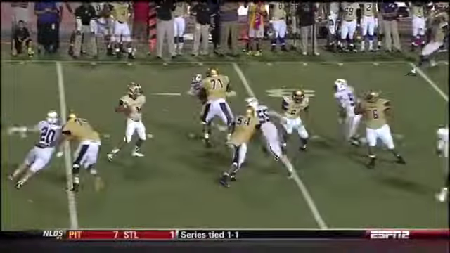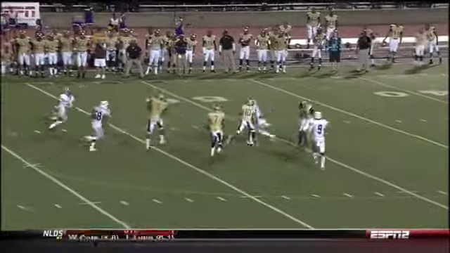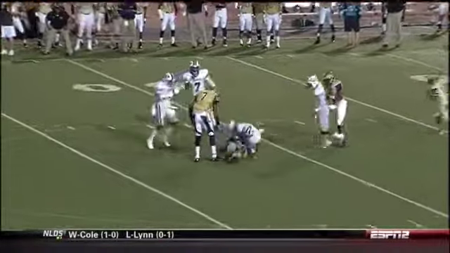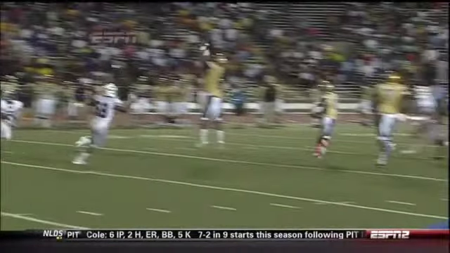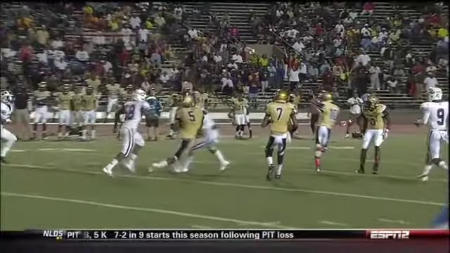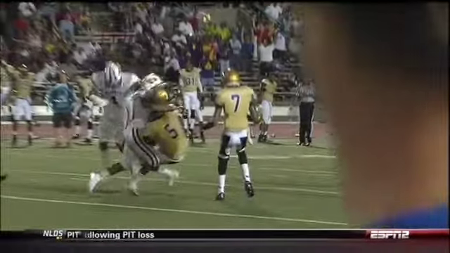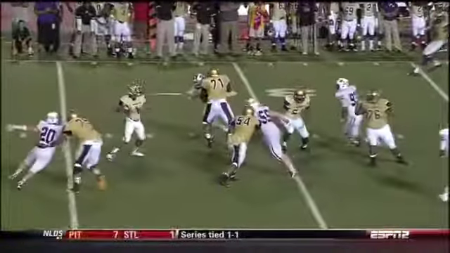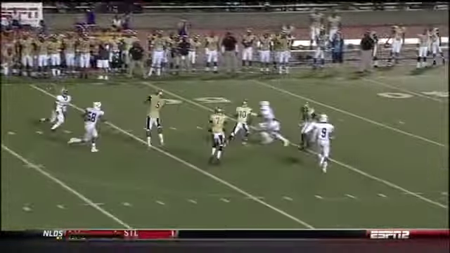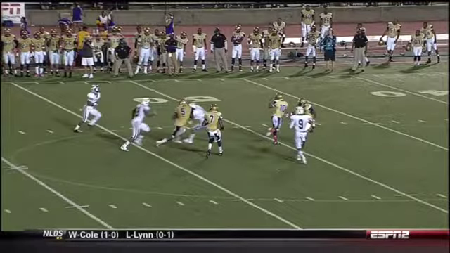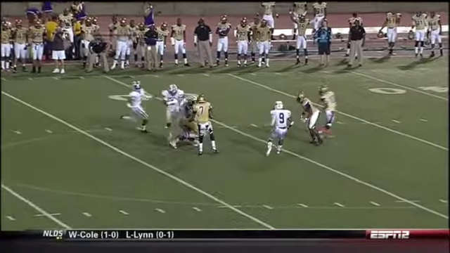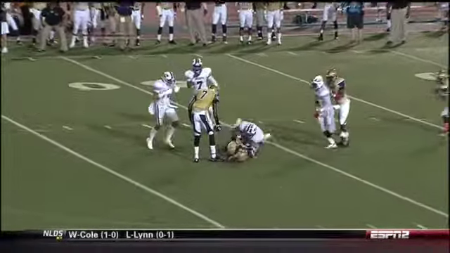And we're going to see this defender thrust his body upwards and use his shoulder to initiate contact to the helmet of his opponent. This is an extremely dangerous hit, and this thrust in fact has so much force behind it that it causes the defender to leave the ground following the thrust. This hit does fall under the targeting rule and needs to be penalized whenever it's seen.